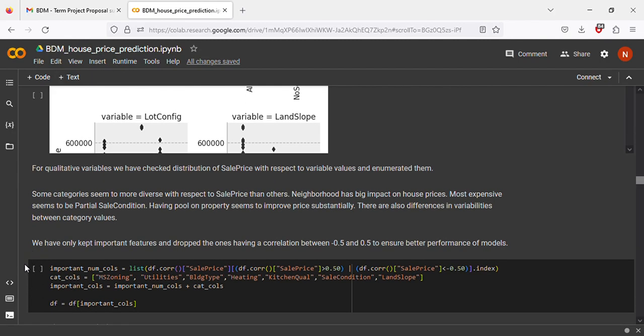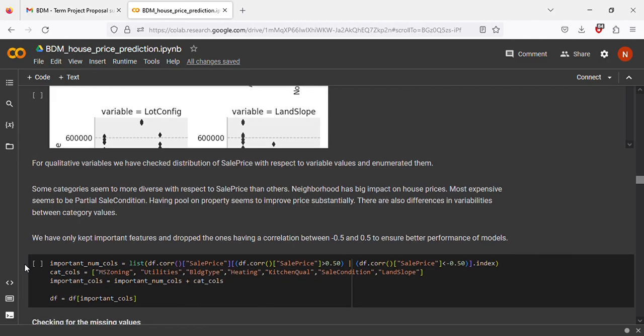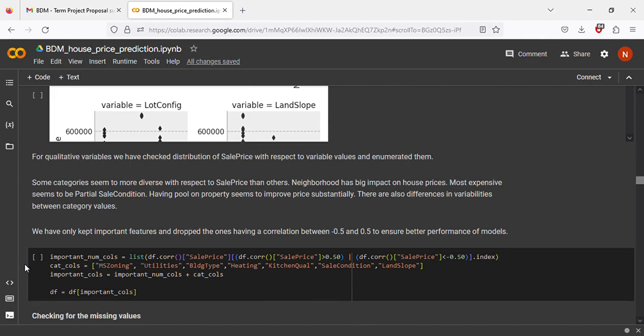Now, moving ahead, since we know the correlation among variables and we also understand that some variables are more correlated, meaning more important to understand their significance than others, we considered those variables having correlation between minus 0.5 to 0.5, and the variables which have correlation more than 0.5 were kept. The ones which have less correlation have been dropped from the data frame.